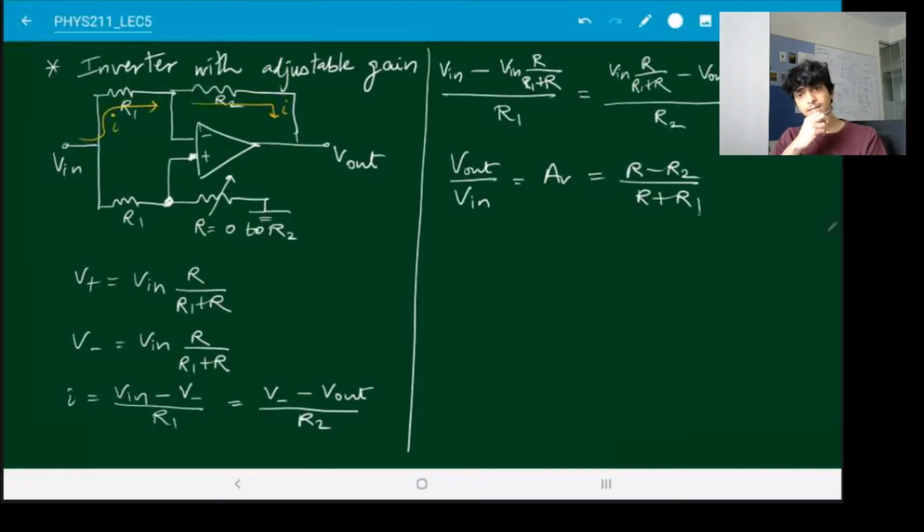So now you see, since R is a variable resistance, you can adjust its value. Then depending on what value of R you choose, you will get a different value of the gain.